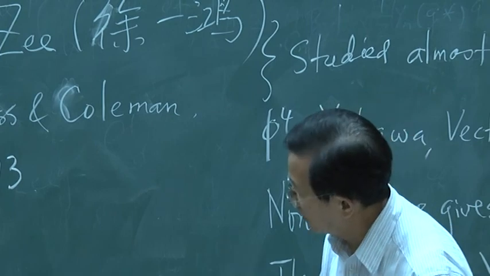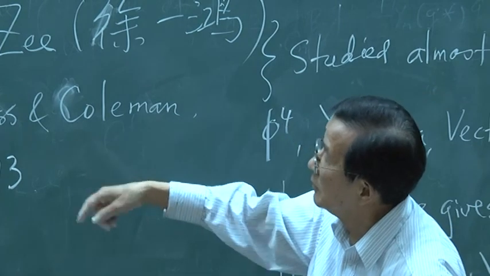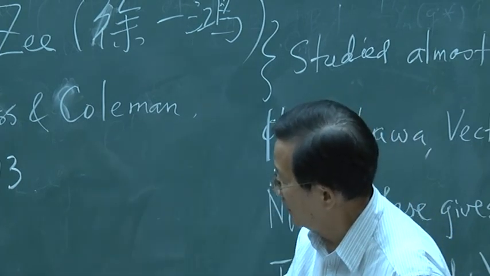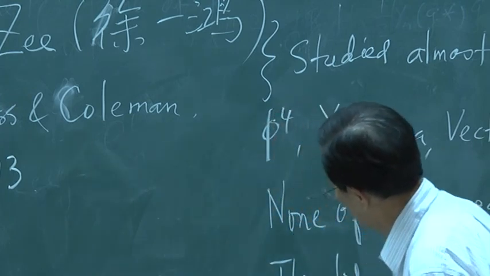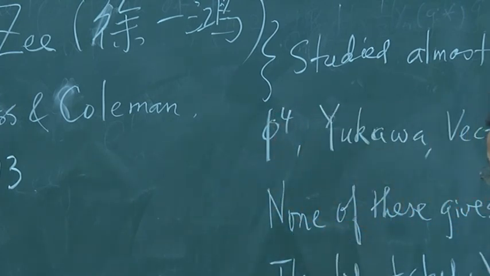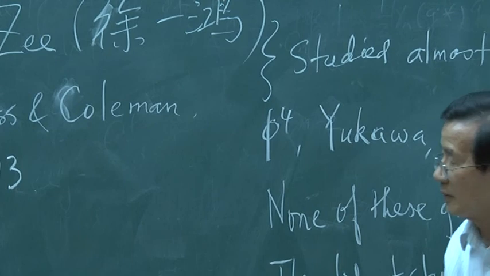But for some reason, none of these people, or anybody else, followed up to study the one loop renormalization of the Yang-Mills field. Why is that so? I don't know. But that's the fact, okay?